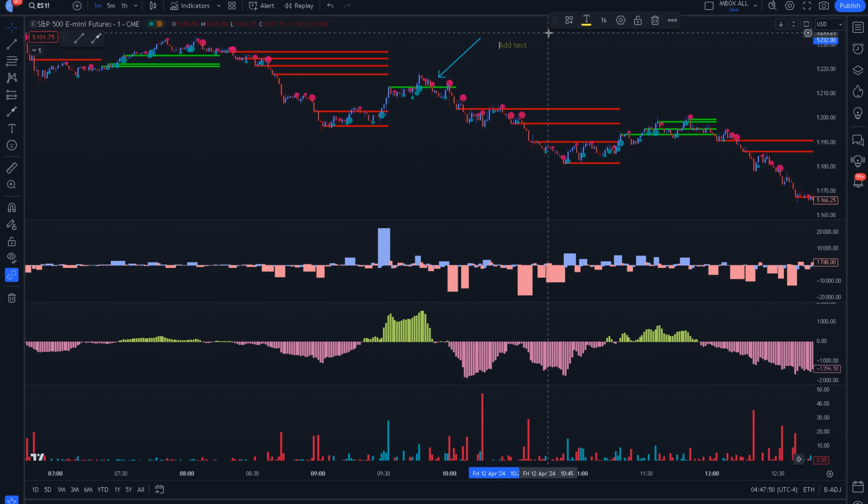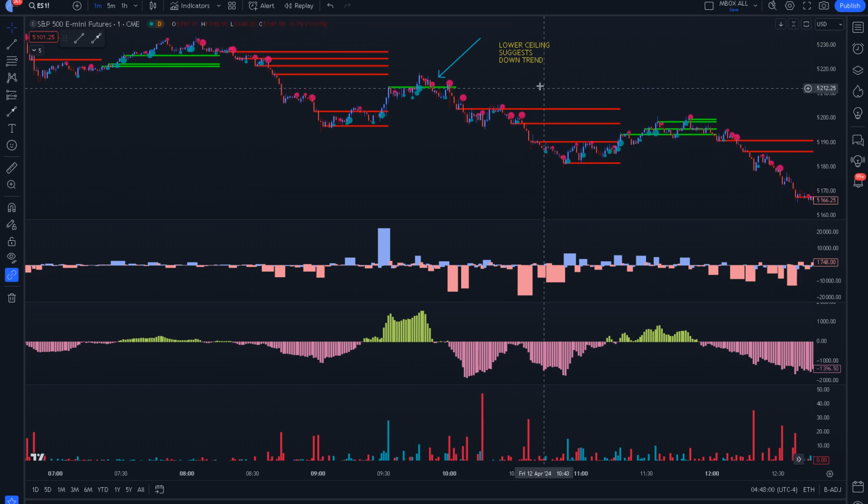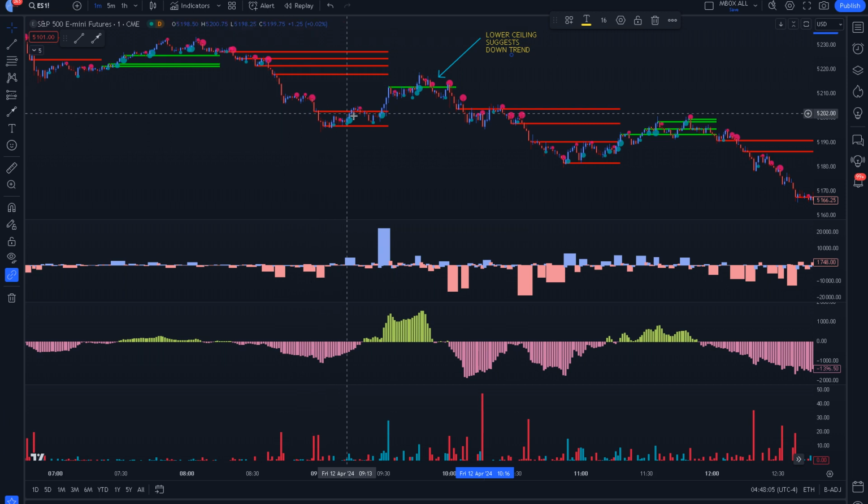Lower ceiling suggests downtrend. Yep. Because we're making lower lows here, and this is a lower high. And again, we did not find a ceiling on this candle.